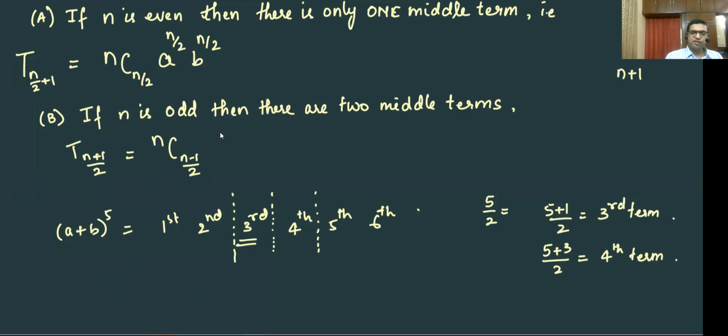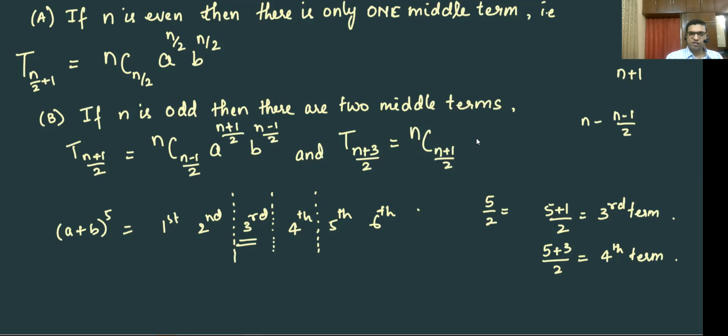You get nC n minus 1 by 2 a power n plus 1 by 2 into b power n minus 1 by 2, and t n plus 3 by 2, which is nC n plus 1 by 2 a power n minus 1 by 2 b power n plus 1 by 2. So these are the two middle terms.